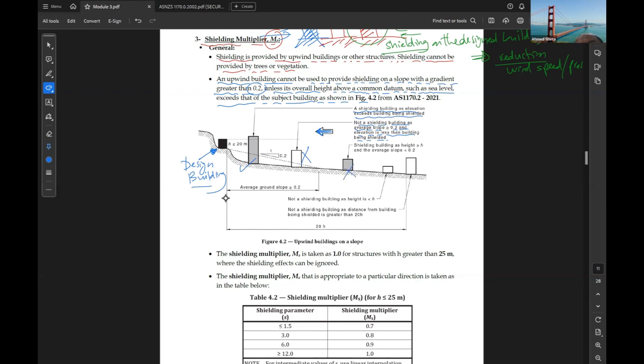Another factor is if the building is at a distance more than 20 times the height, it cannot be considered as a shielding building.